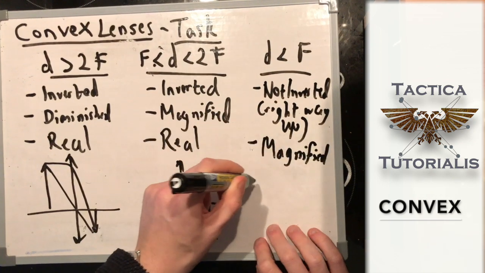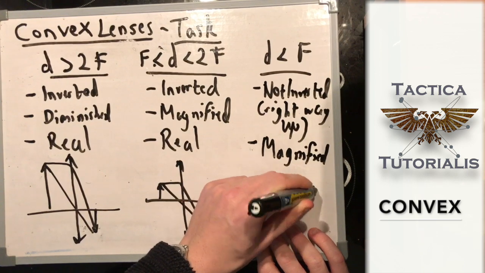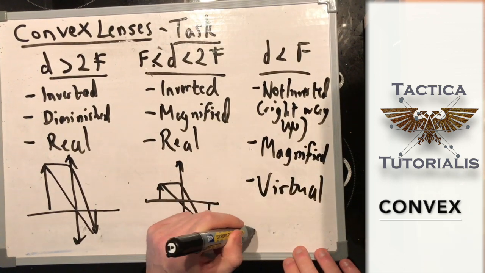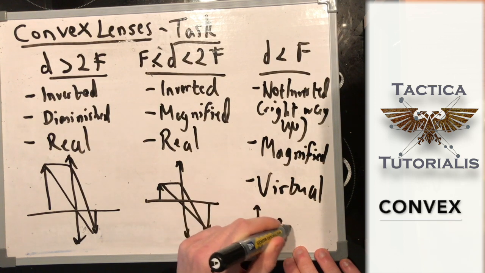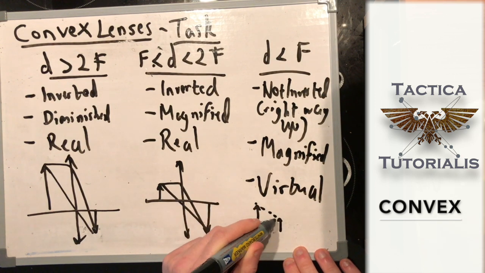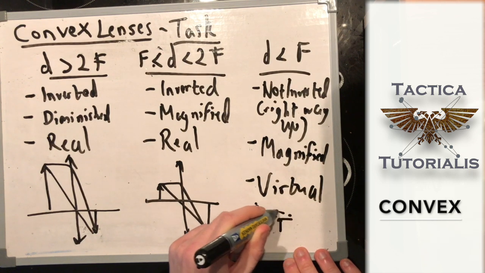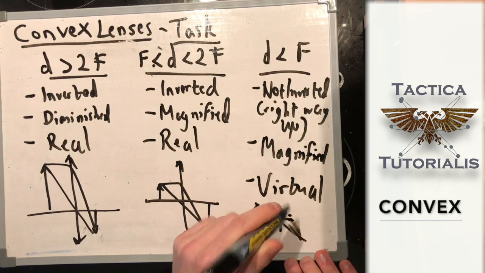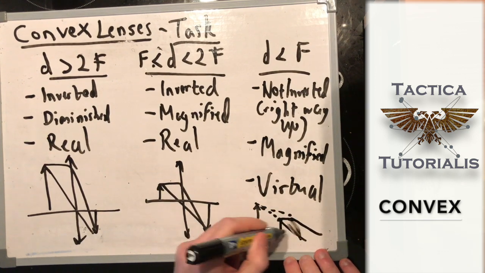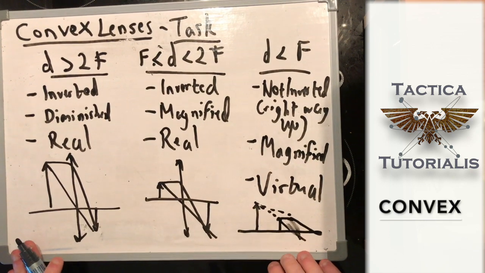But we got a virtual image, i.e. we had an arrow up here and an arrow up here because the lines had to be tracked back from there in order to meet. So we had an image that looks a little bit like that.